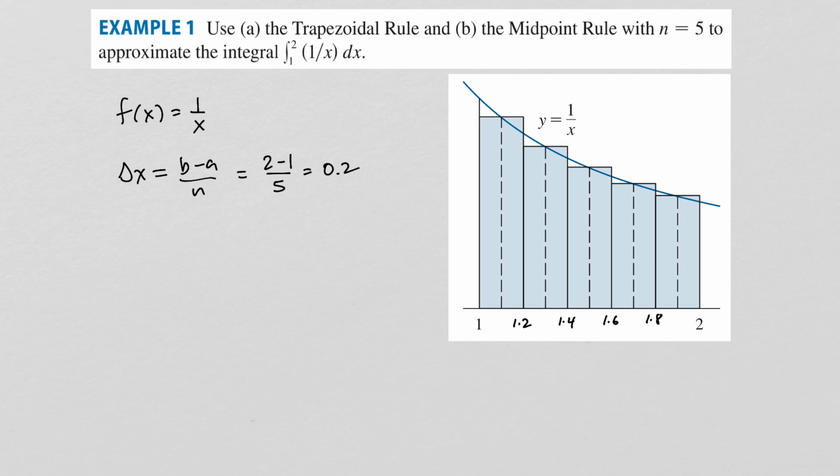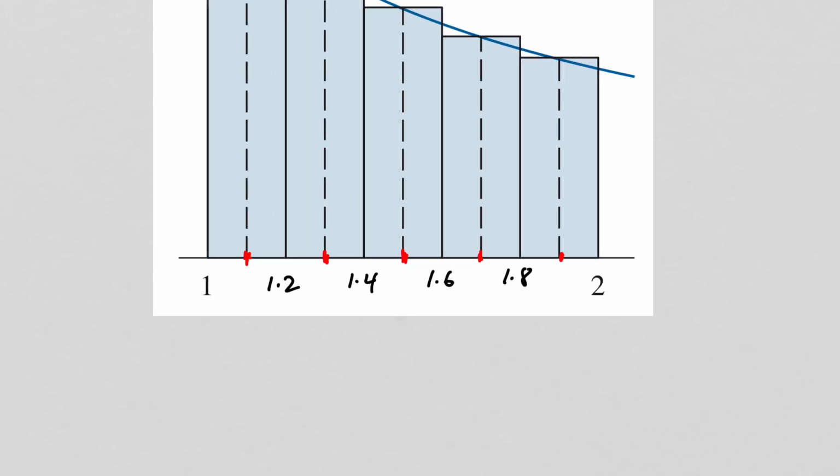But when you use the midpoint rule, you have to find the midpoints of each of these intervals. And so we just have to find the number that is between these endpoints. Now in this case, I think this is fairly intuitive. I think we all know that the number halfway in between 1 and 1.2 is 1.1.